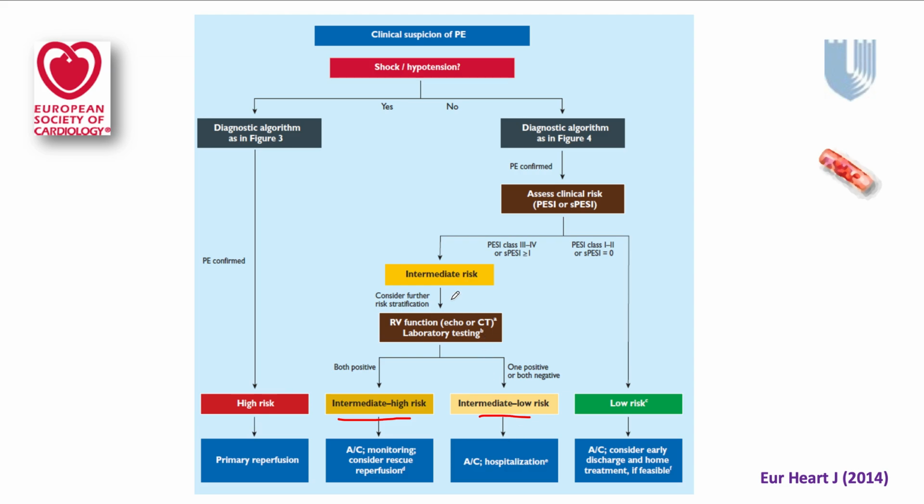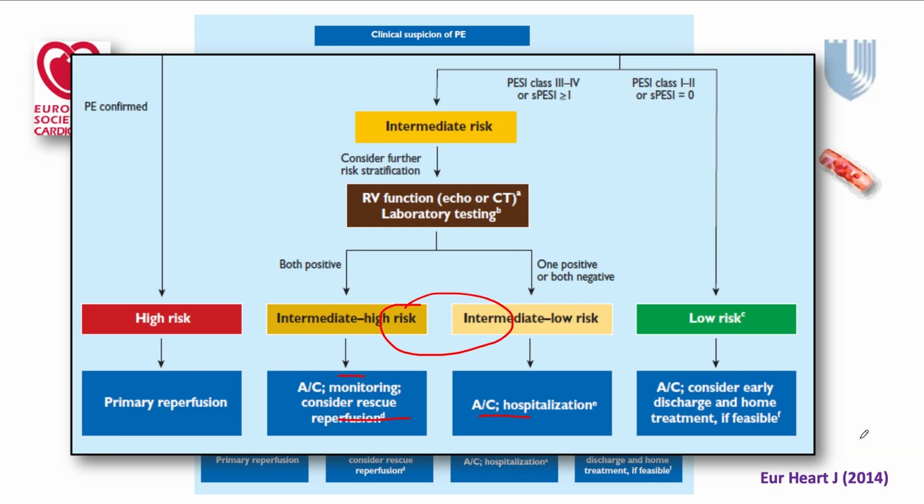Both have right ventricular enlargement as assessed by CT scan or echo, and then elevation of cardiac biomarkers or stretch markers such as proBNP, in addition to the enlarged right heart by imaging, would indicate a high-risk clinical condition that deserves further monitoring in an ICU setting and activation of what we call a PE response team, and that will be helpful to determine the next step of management.